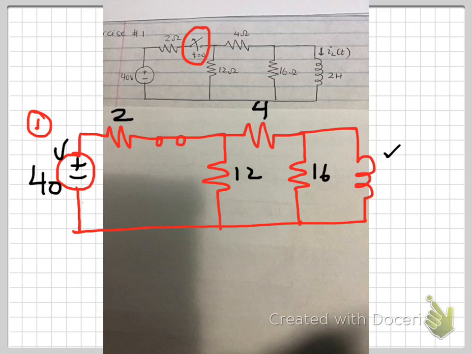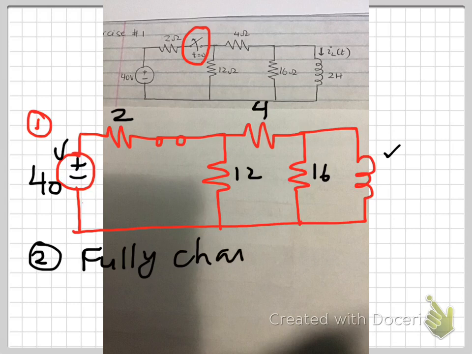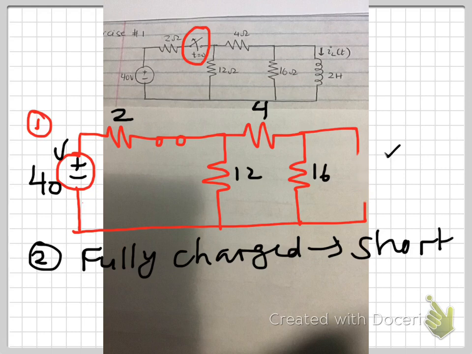The second step is assuming that this circuit is in place for a long enough time for the inductor to be in its fully charged or fully discharged state, and in this case it will be fully charged. So the fully charged inductor will be replaced by a short. We will erase the inductor and say it's replaced by a short in here, and we're expected to calculate the current flowing.